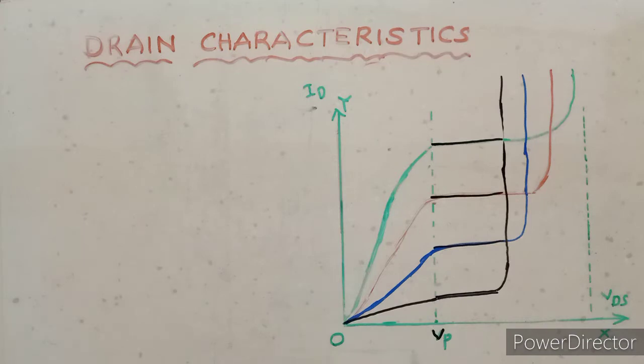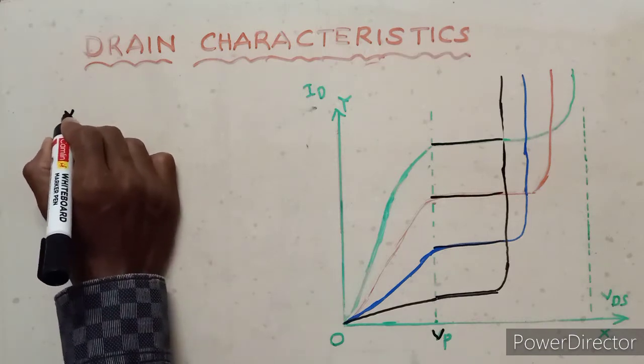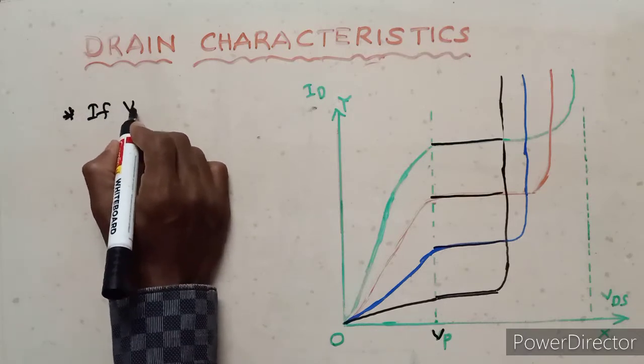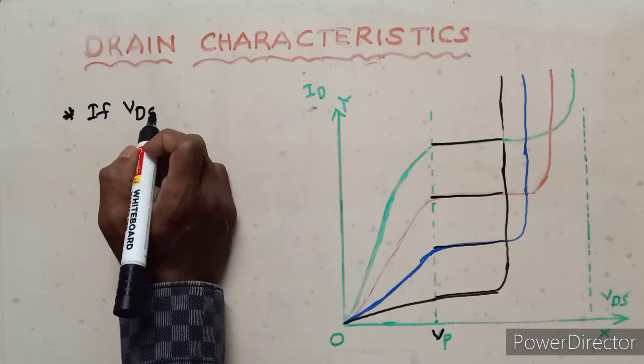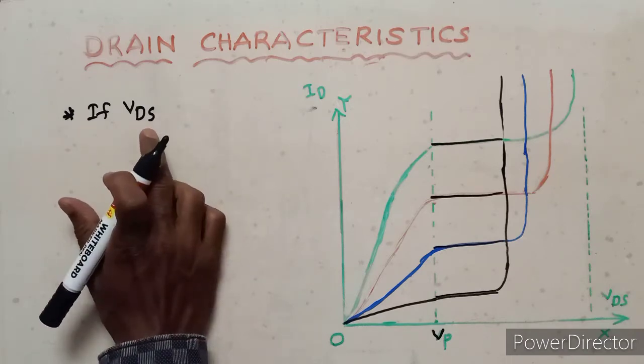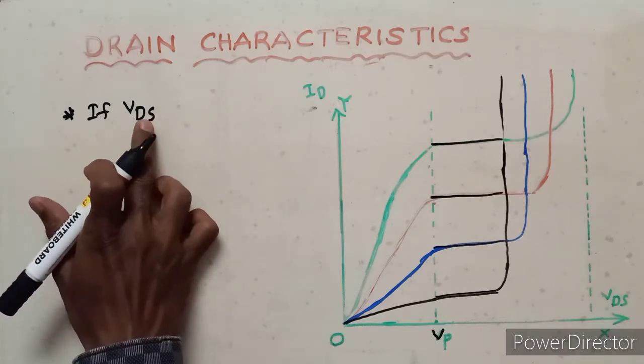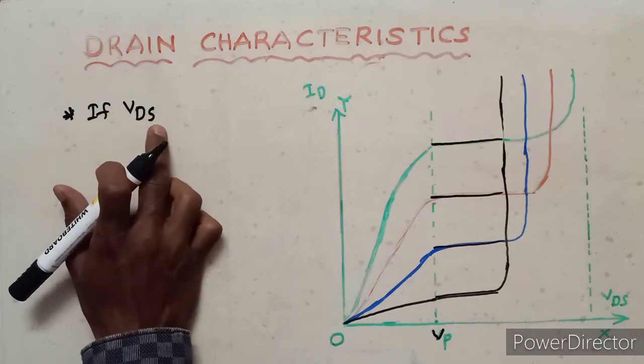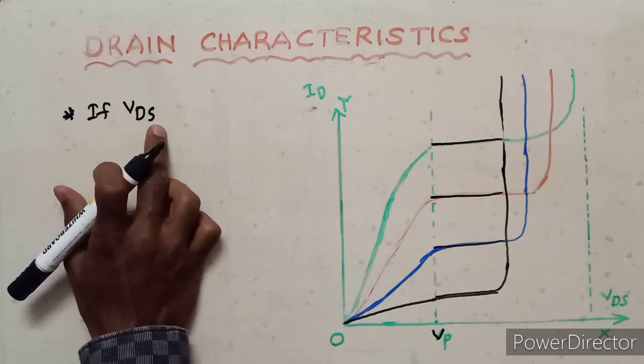First one: VDS means the voltage between drain and source, and it is increased from 0.